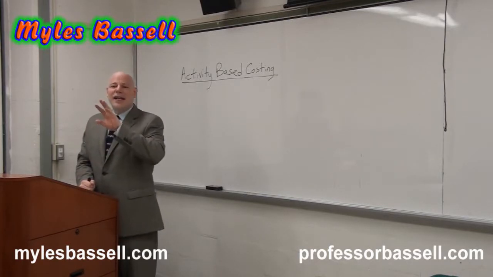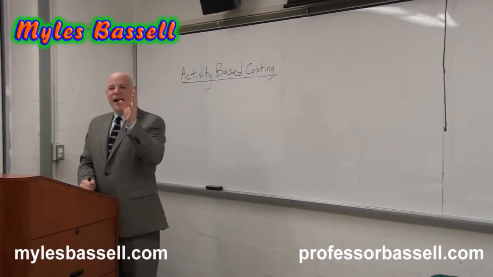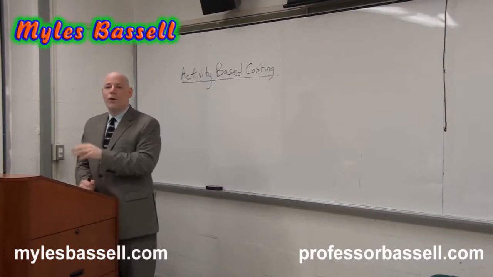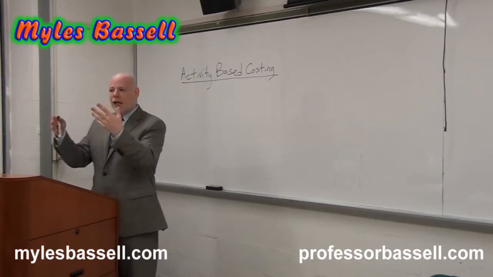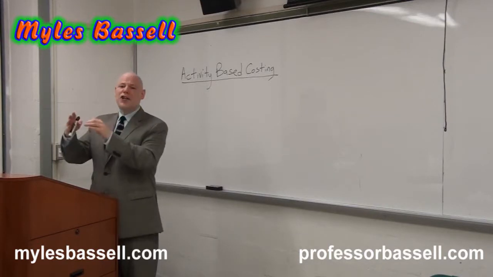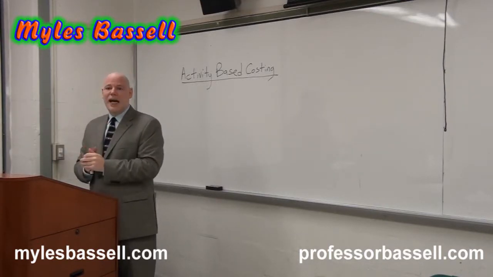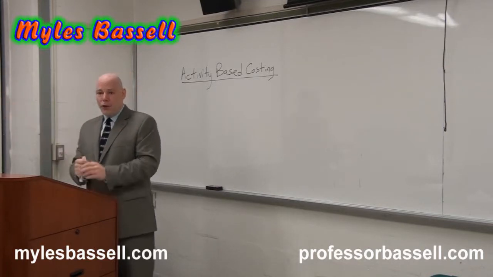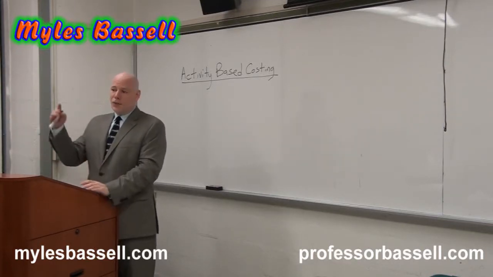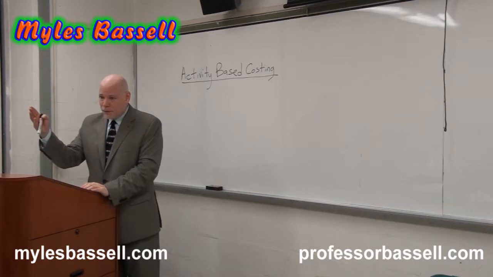But then we have that indirect material and that indirect labor cost, which we call manufacturing overhead. And that's the part that we struggle with, but we need to understand that, and we have to have a way to apply those manufacturing overhead costs so that we could determine the profitability of the product.